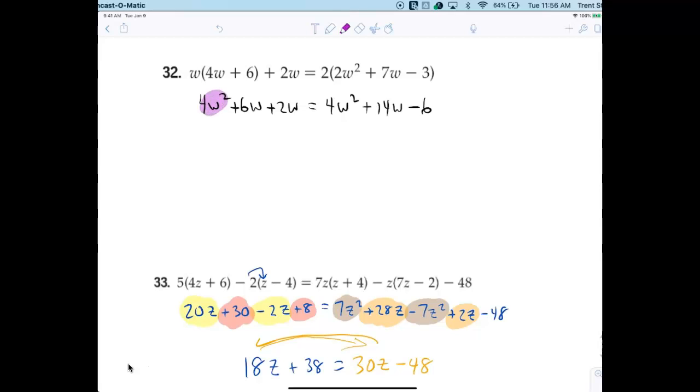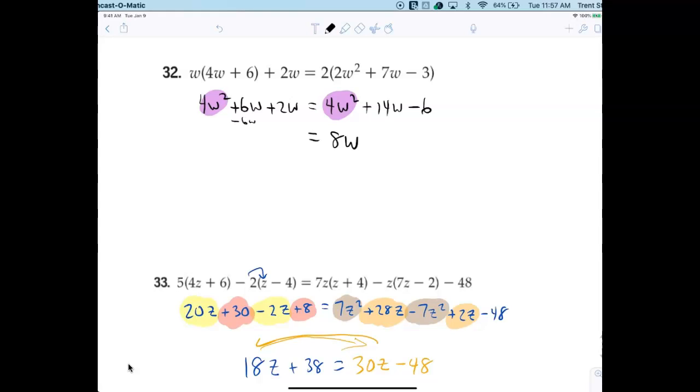Good job. Now remember, I always try to tell kids keep the variables positive, right? So I'm going to move 6 to the right, correct? So how many would that leave me? 8, right? Because we're going to do minus 6w.